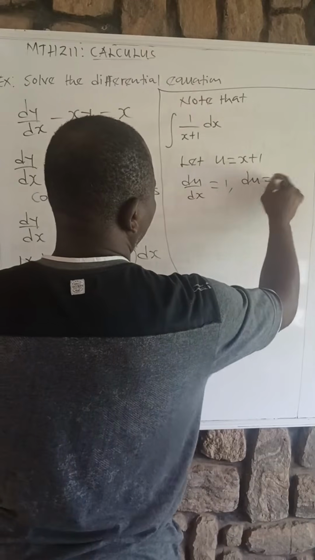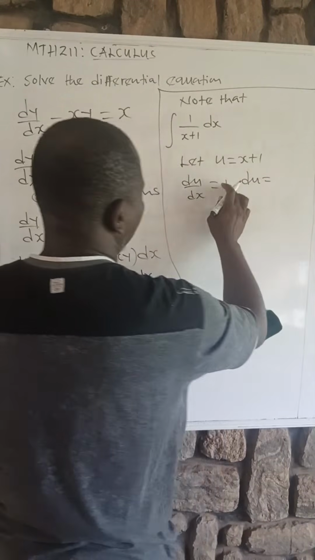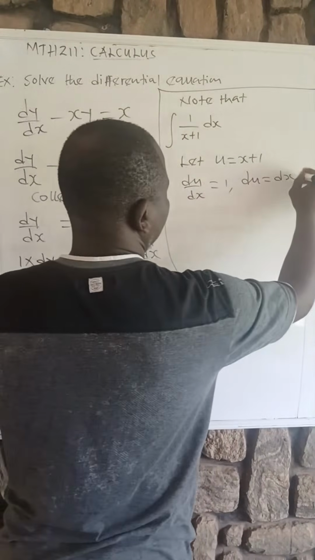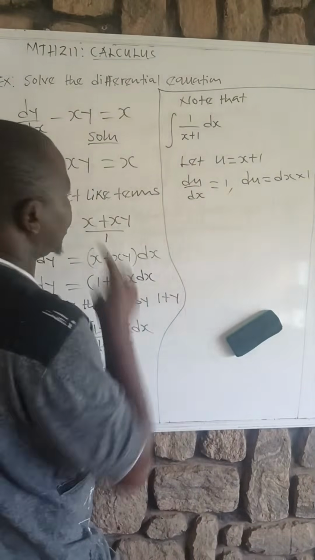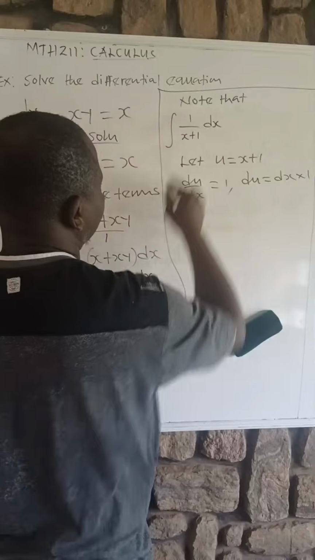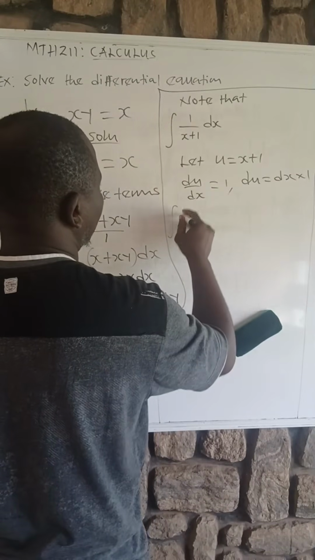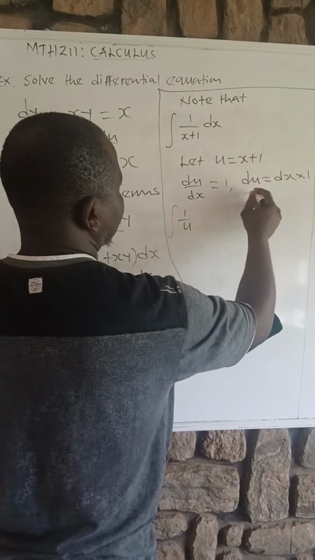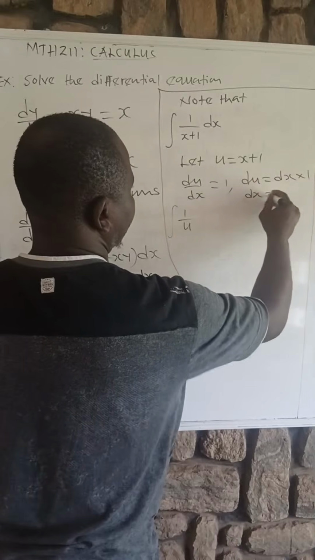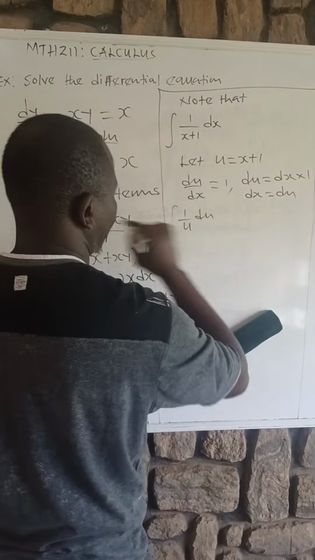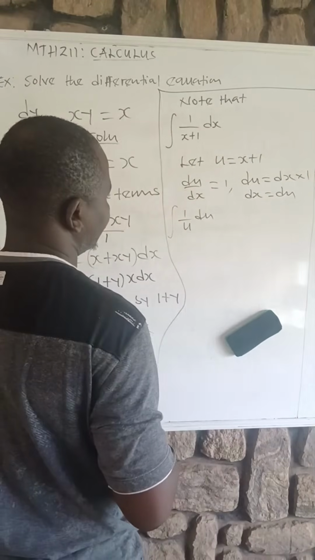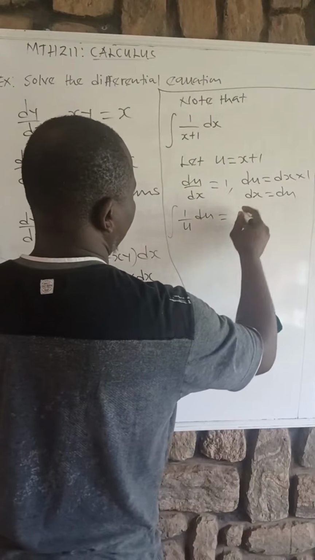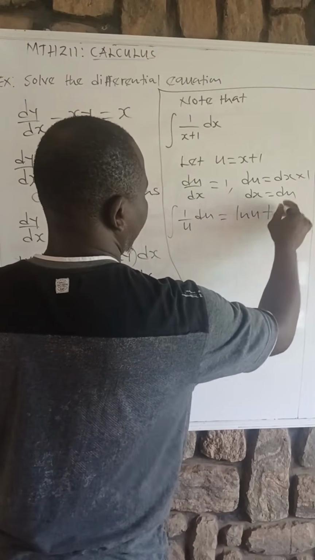So our du will be equal to 1 times dx. So this integral will now be 1 over u du. To integrate this, we are going to have ln u plus any constant.